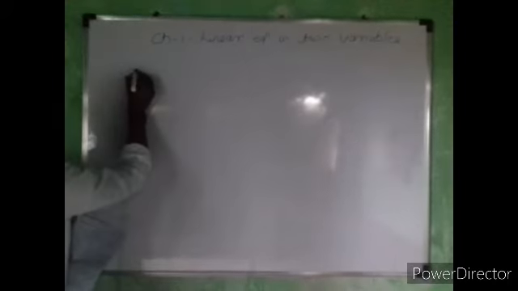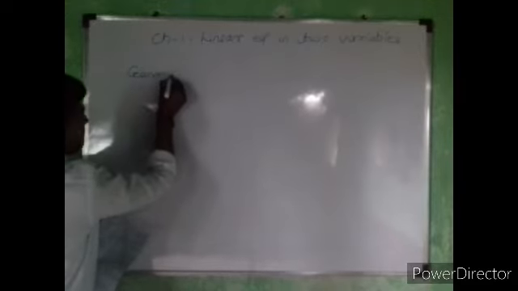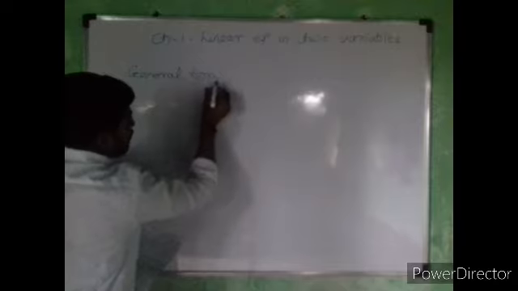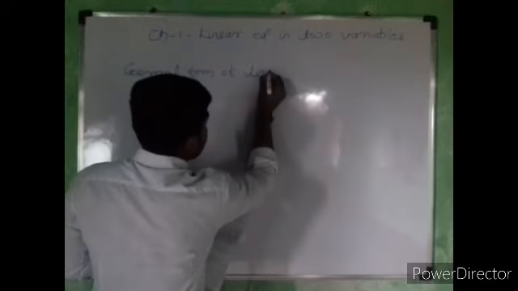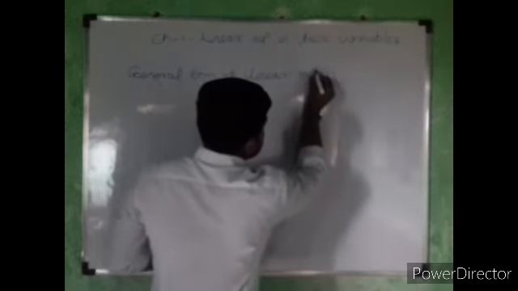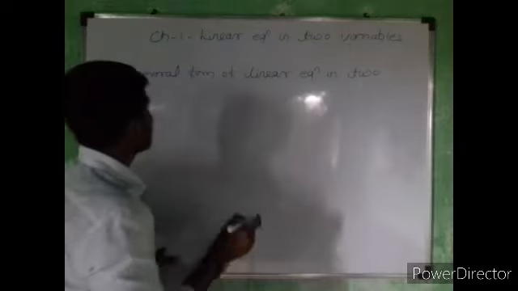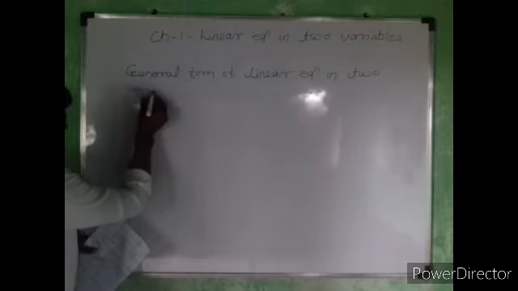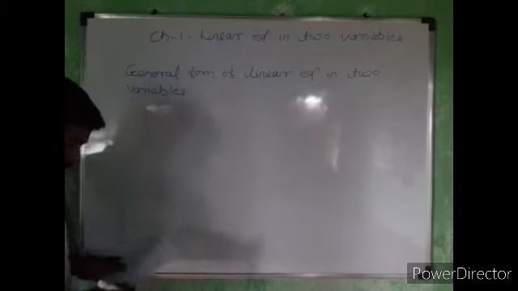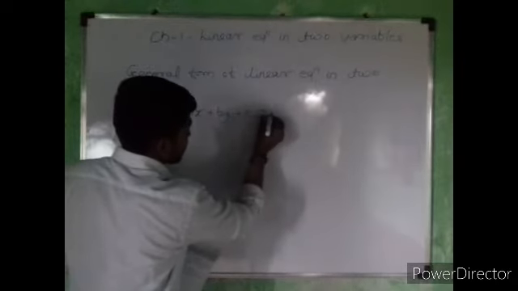Here, the general form of linear equation in two variables, and that is ax plus by plus c is equal to 0.